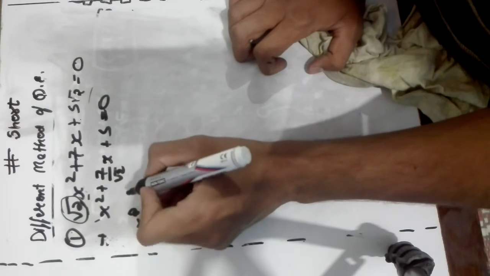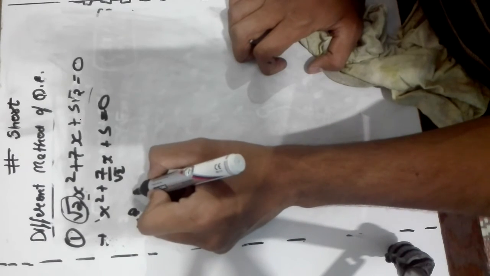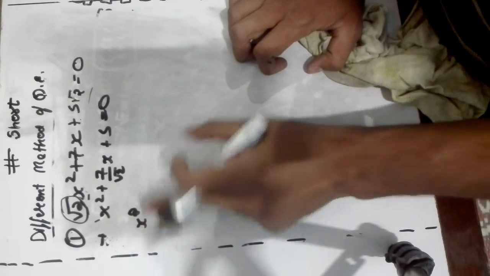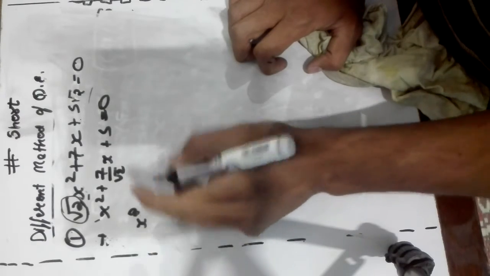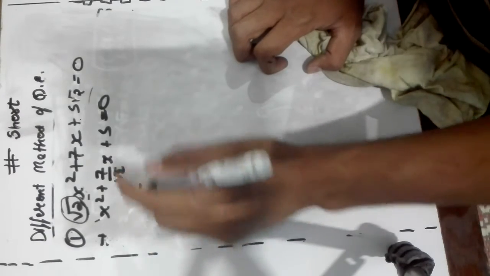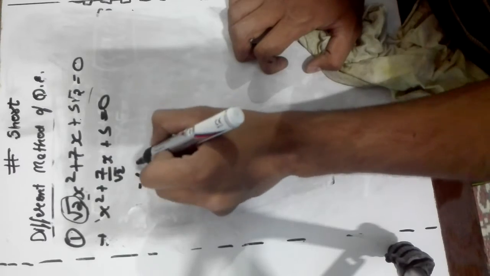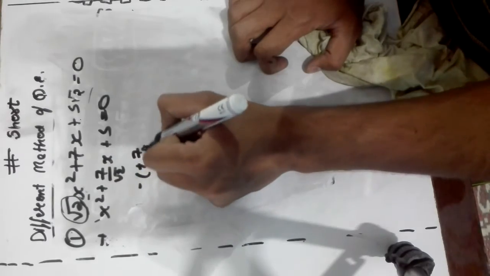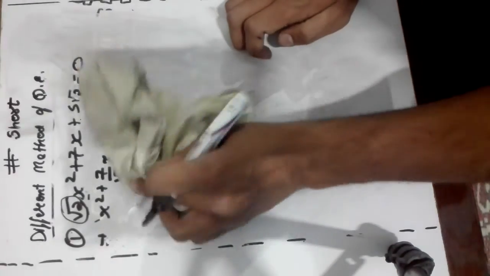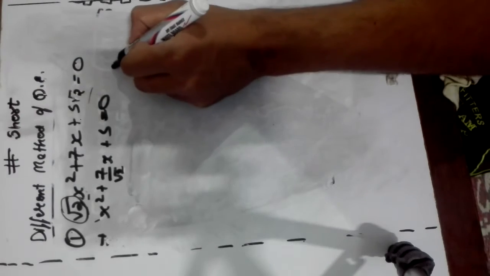As we have x, and then we have minus and plus 7 by root 2 by 2.